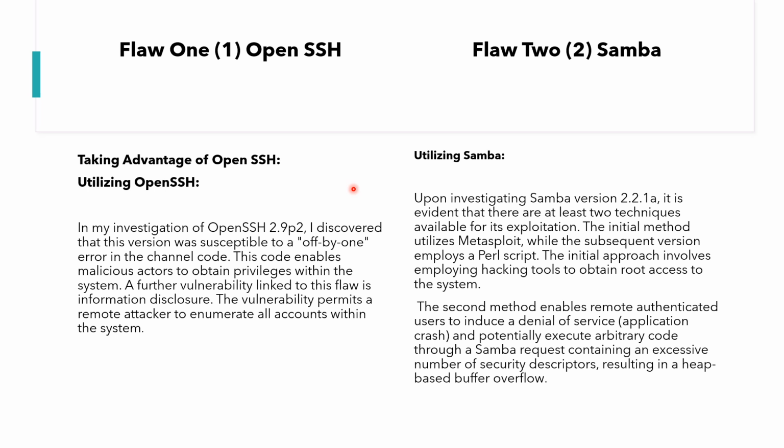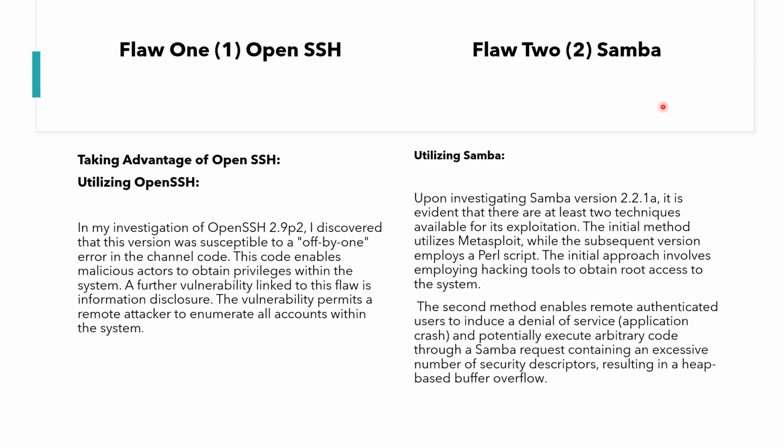I also found flaw 2, which is Samba, port 139. Upon investigating Samba version 2.2.1a, it is evident that there are at least two techniques available for its exploitation. The initial method utilized Metasploit, while the subsequent version employs a Perl script.